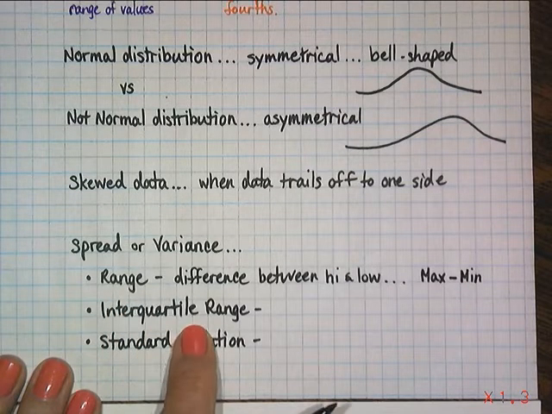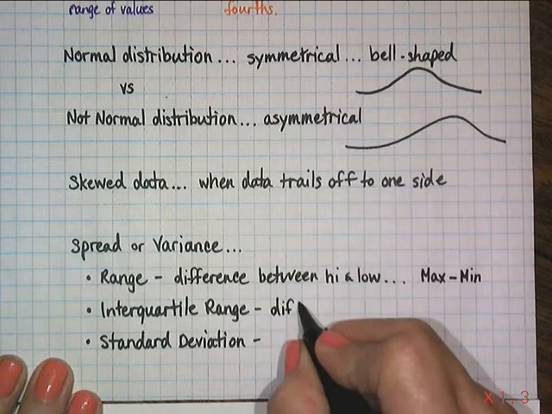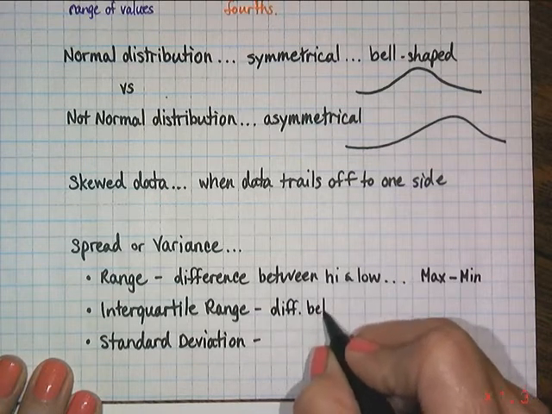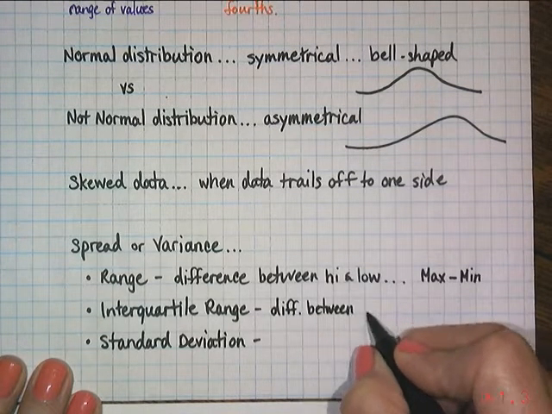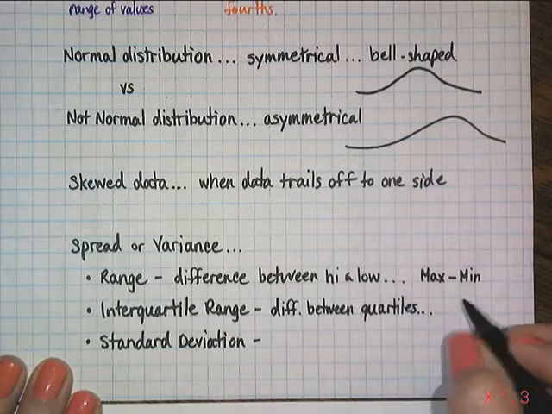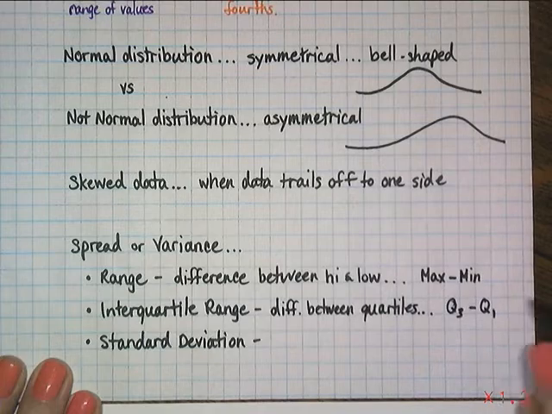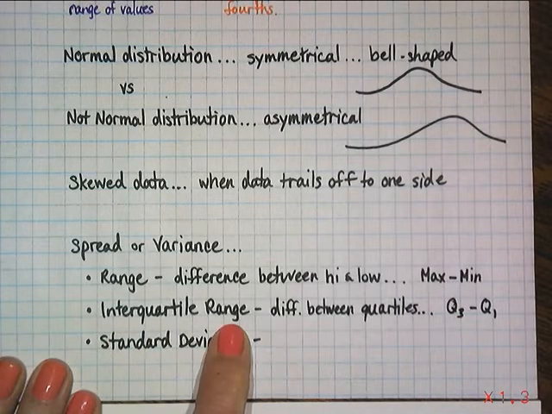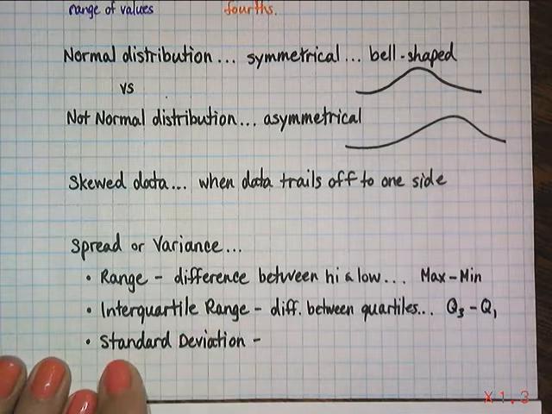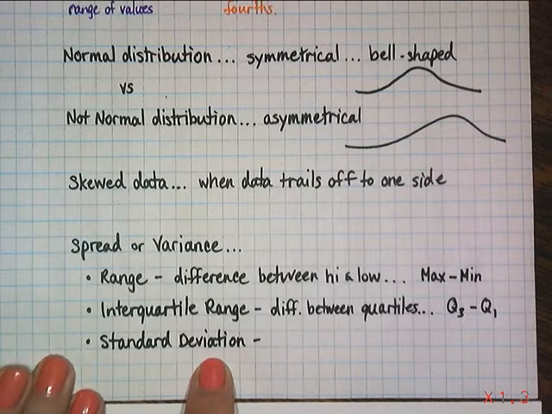If you're asked to find the interquartile range, that's just the difference between the quartiles. You'll take the quartile 3 number and you'll subtract the quartile 1 number. That will give you the interquartile range. Something else you can talk about is what is referred to as standard deviation.